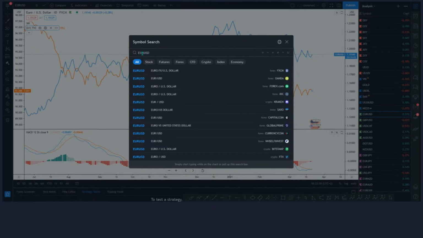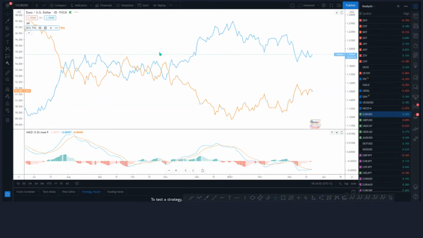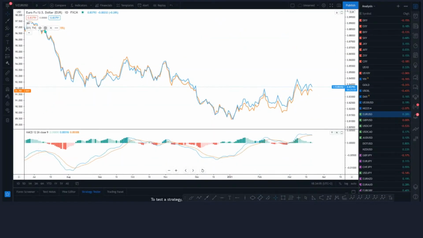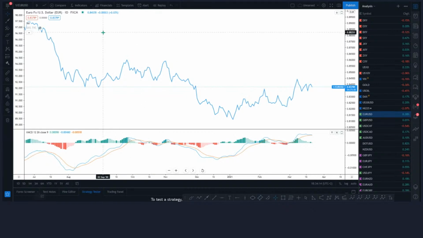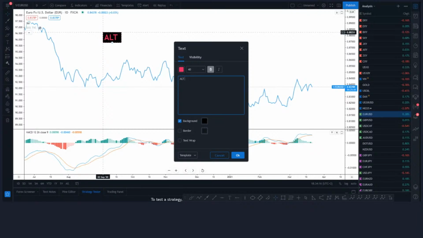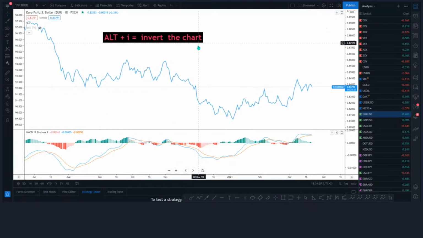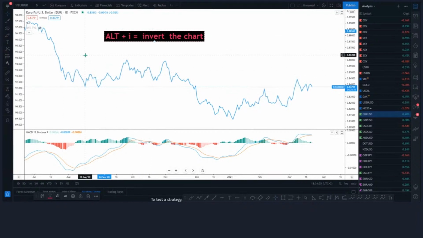You can say 1 divided by euro dollar, and it will flip the euro dollar. See, guys, that's 1 divided by euro dollar. It's like the Alt plus I, like the moderator said, on this chart. You can do the same thing by actually going 1 divided by euro dollar. So that's pretty good if you want to switch it, okay?